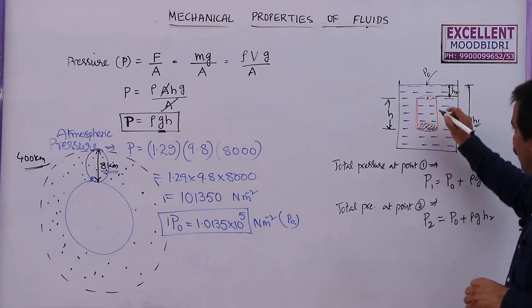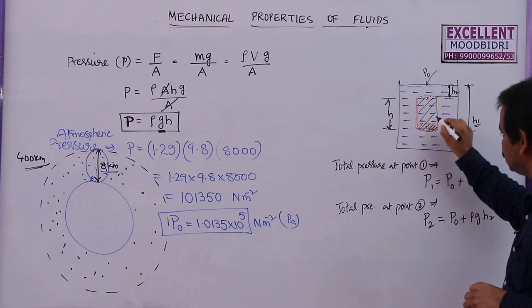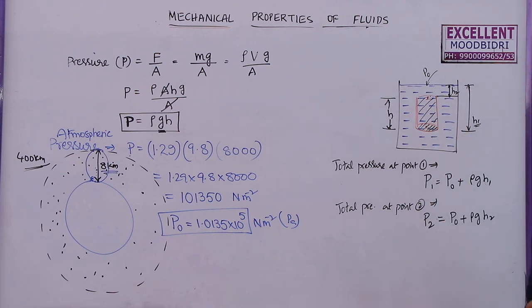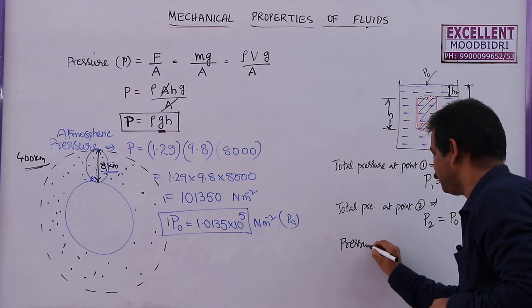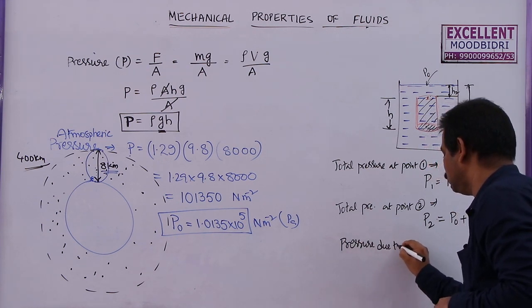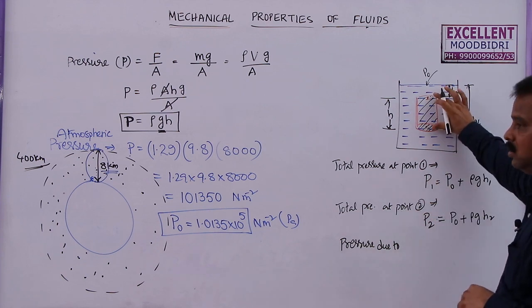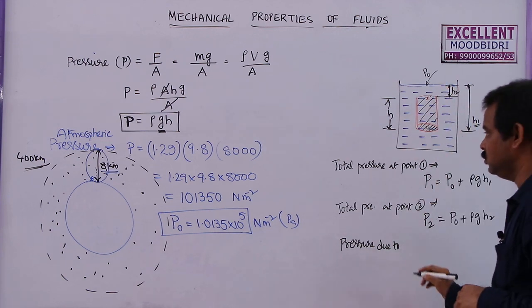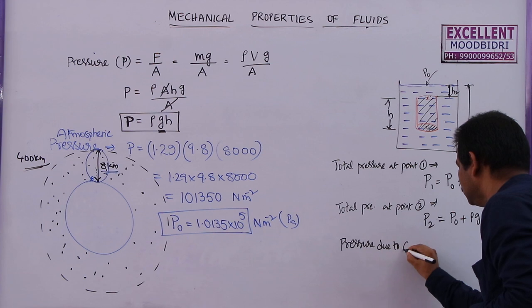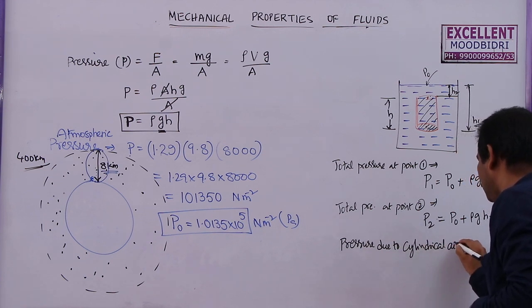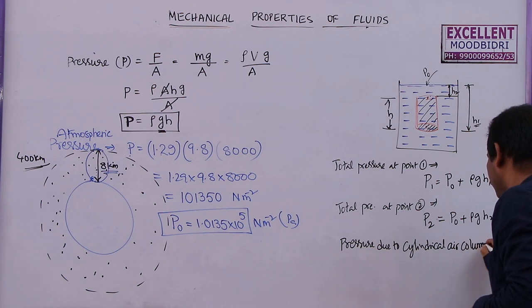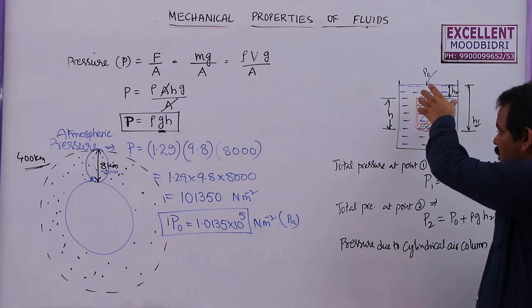So now, what is the pressure due to only this cylindrical portion? This is the pressure due to the imaginary cylindrical air column.